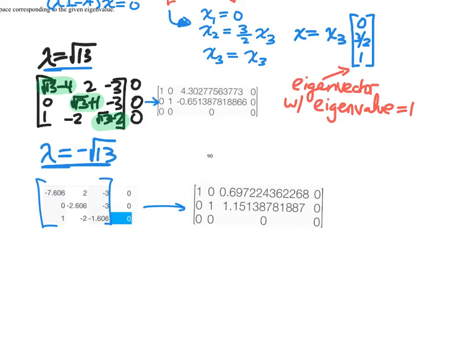So x as a solution for the second eigenvalue should be equal, and we're going to approximate, x3 times negative 4.303, positive 0.651, and 1.